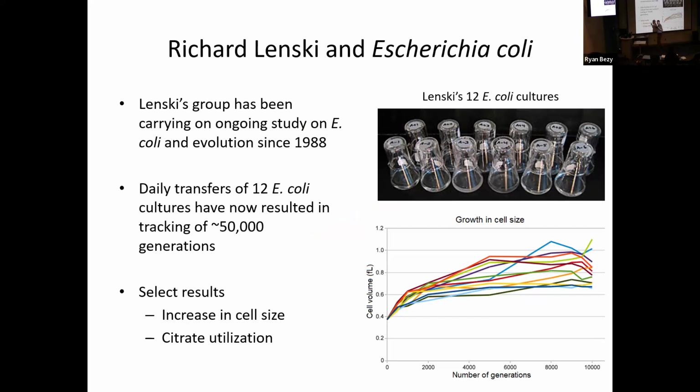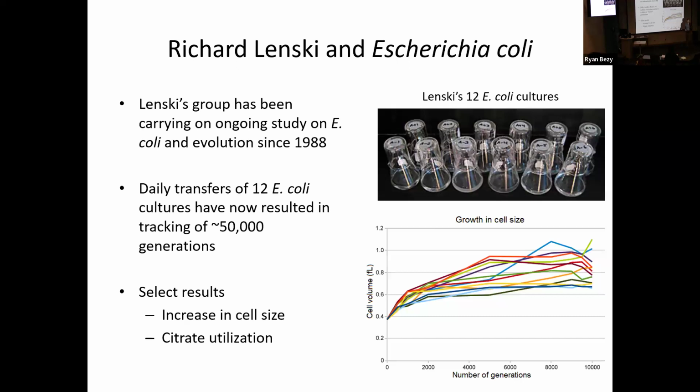And so they took that population and they separated it into 12 different subpopulations. And then what they've been doing is they've been transferring it daily into new media, and they've just been tracking what changes about it since 1988. And that is over 50,000 generations of Escherichia coli, because it goes through, on average, about 40 to 50 generations per day.